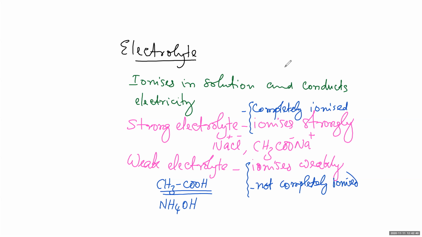Okay. Now you consider the ionization of a weak electrolyte. We are going to see the common ion effect. Think of the ionization of a weak electrolyte, say, for example, CH3COOH, acetic acid. That is a weak electrolyte.